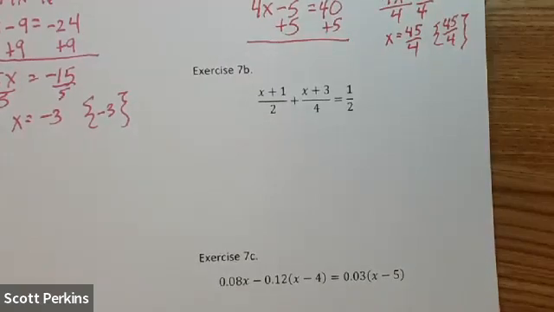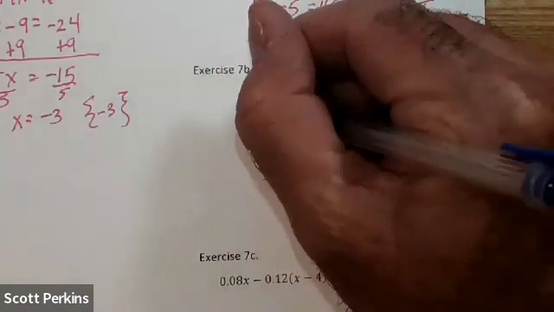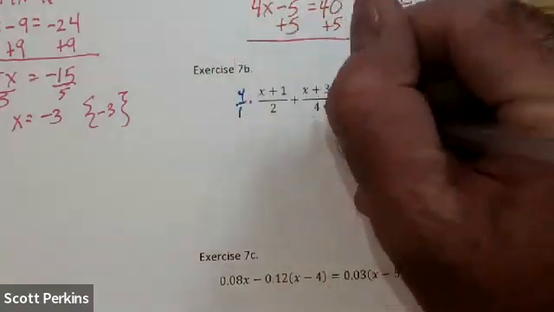What's the common denominator? 4. If you used 8, if you used 16, any of those will work just fine. I just use the least to keep the numbers at a minimum.